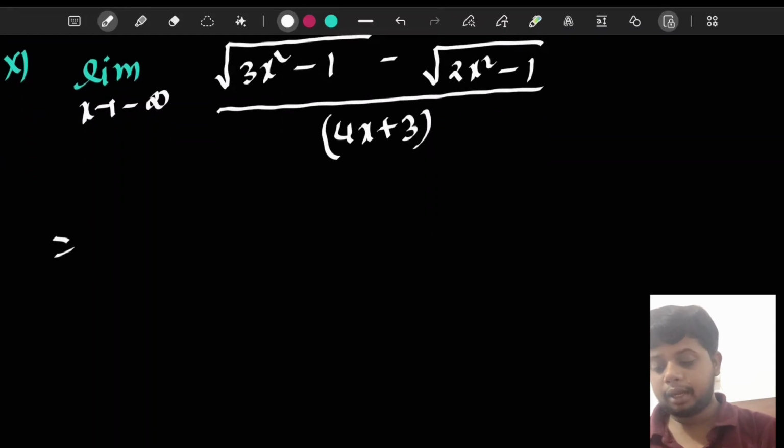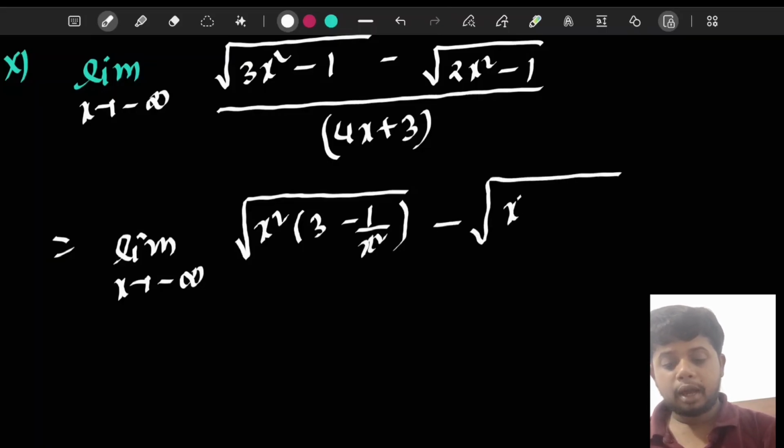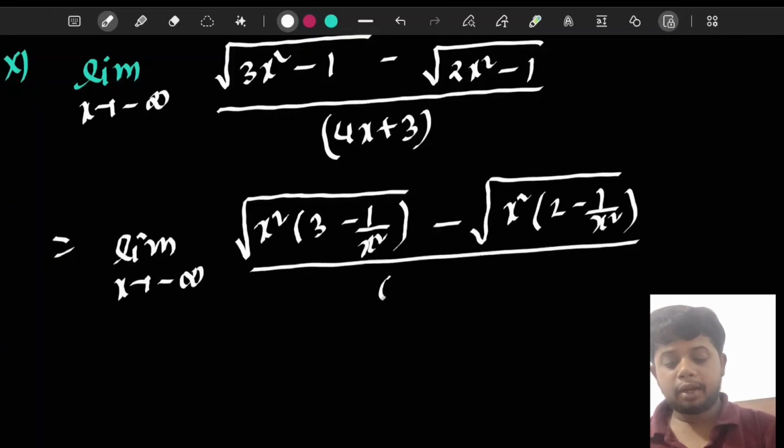What will we get? Limit x tends to minus infinity, and let's take x square common. I'll get here 3 minus 1 by x square, and here also I can take x square common, I'm getting 2 minus 1 by x square, divided by 4x plus 3.